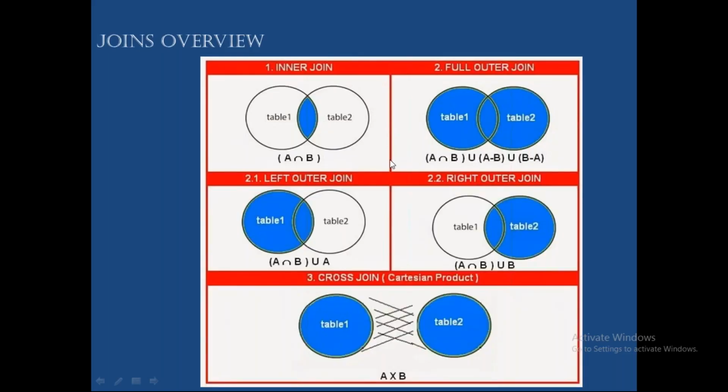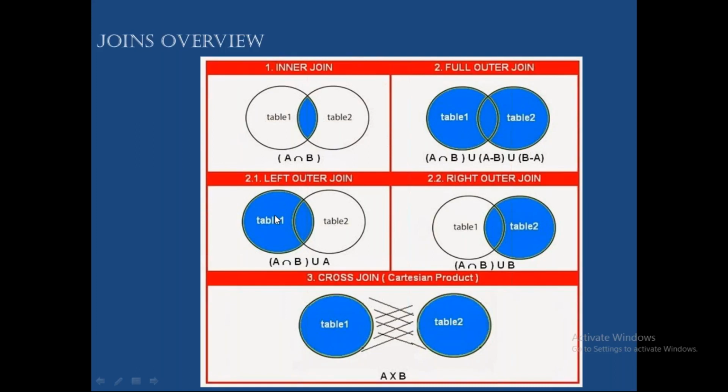Now let's talk about joins. Join basically tells you that you have two tables. Between the tables, if you want to get the common records, you need to use something called an inner join. Inner join will give the common records between the two tables.